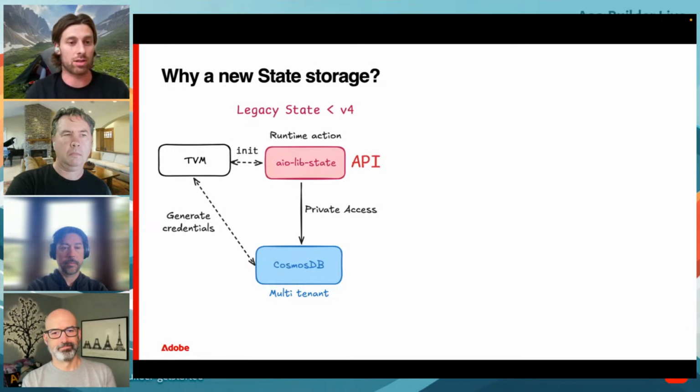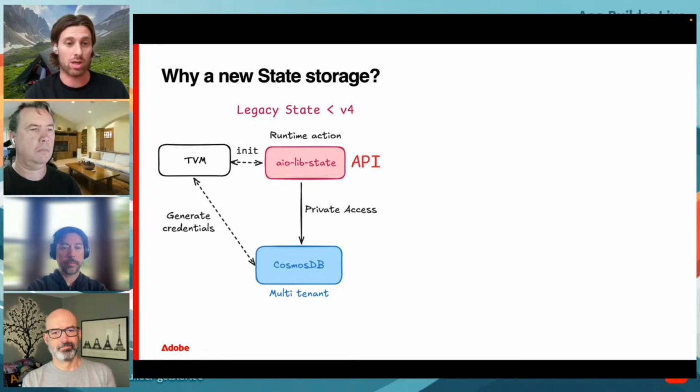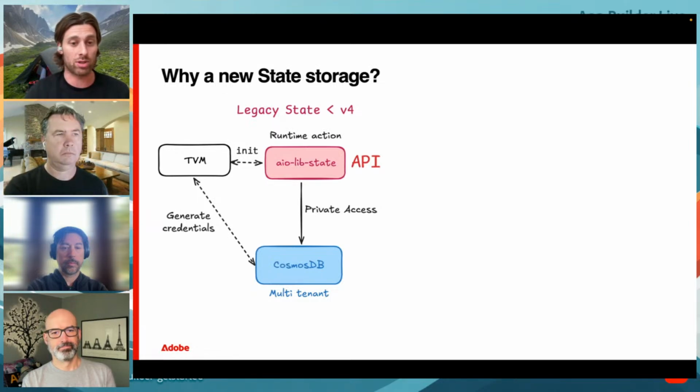It takes your runtime credentials and exchanges them, in this case for state, for Cosmos DB credentials. Then it provides you direct access to an isolated share of our shared Cosmos DB instance. That way you can make direct accesses to get, put, and delete your keys.